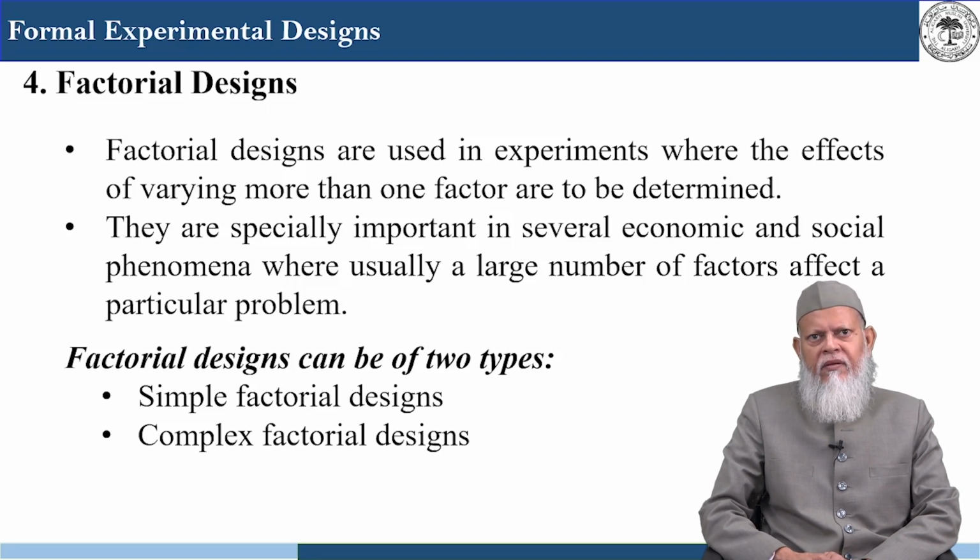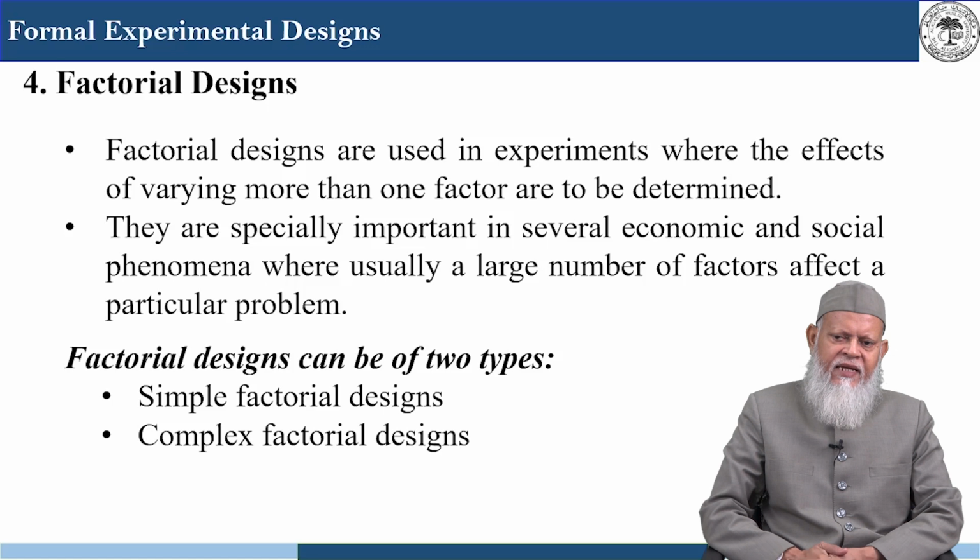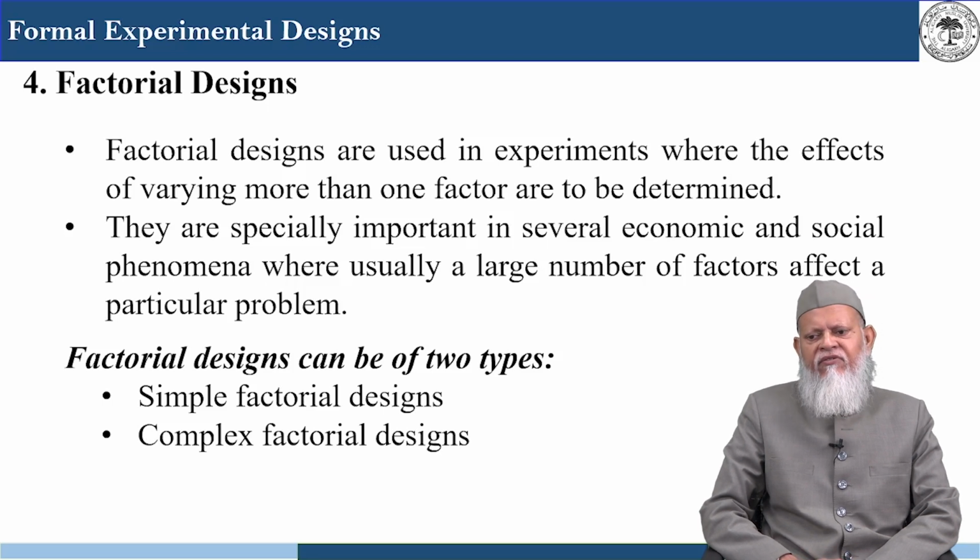So we knew about the factorial designs, and that these are very frequently used in the social sciences. The factorial designs are of 2 types. One is the simple factorial design and the other is the complex factorial design.